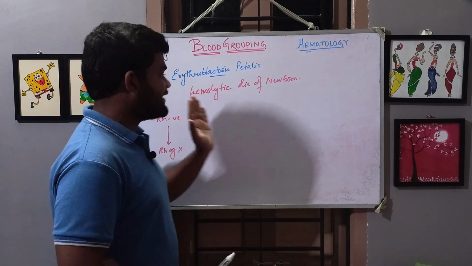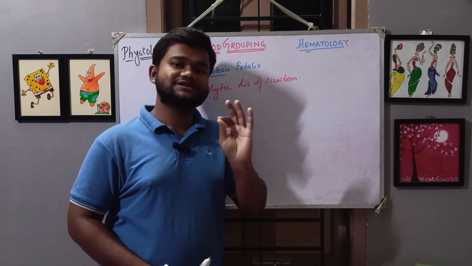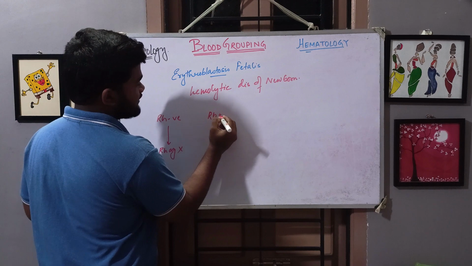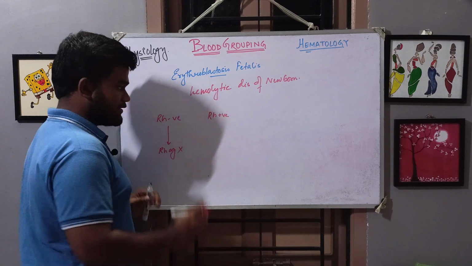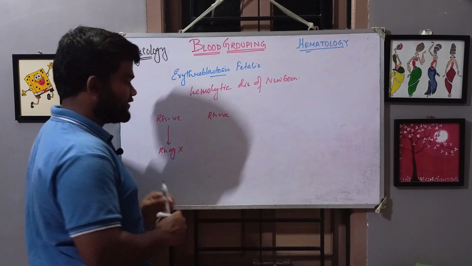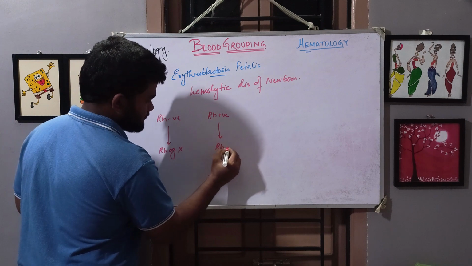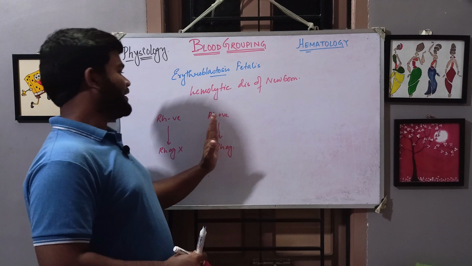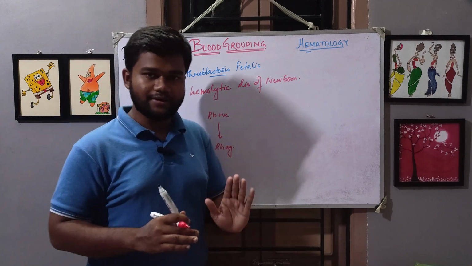Now she gives birth to her first child, and the child turns out to be Rh positive. Thus, this child will have the Rh antigen. Usually, the fetal blood and the maternal blood remain separate.